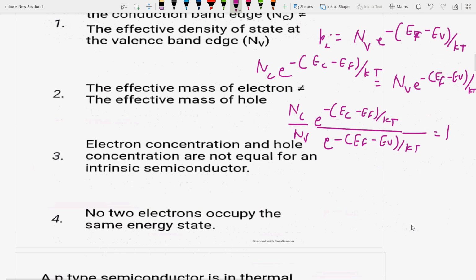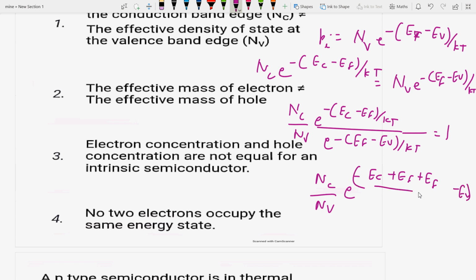Okay, now this will be Nc upon Nv e to the power minus (Ec plus Ef and then plus Ef and minus Ev), okay, divided by KT is equal to 1.